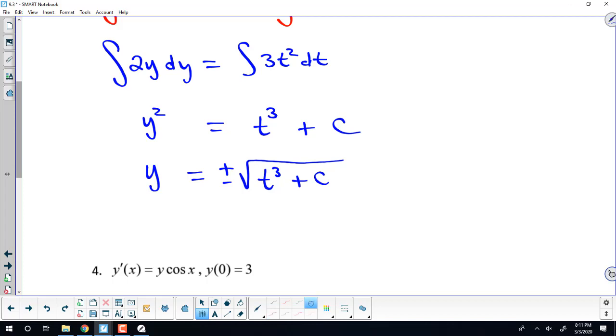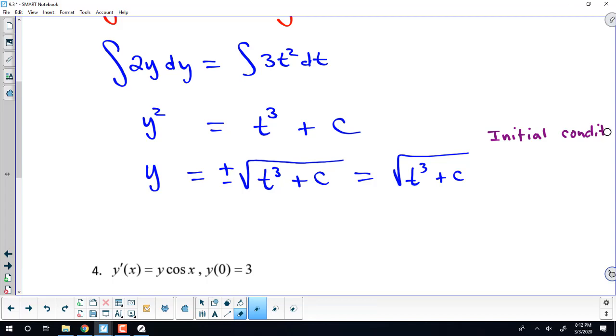Okay, so we're going to say initially that's what it is, but it's actually this based off of the initial condition. The initial condition tells us that y is 9. So y is positive based off of the initial condition. It's y of 0 equals 9. So y is positive.